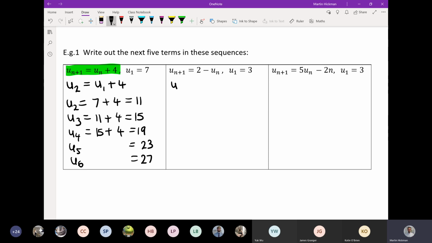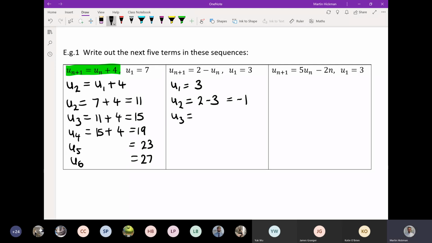Our first term is just 3. Then to find the second term, we do 2 minus the first term. It's just 2 minus un is the rule that I use here. So to find u2, I'm just going to do 2 minus 3, which gives me minus 1.